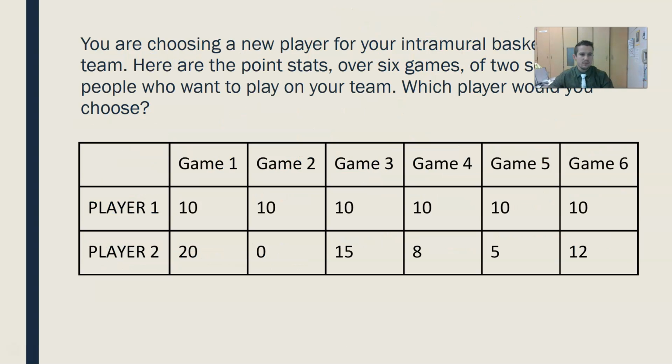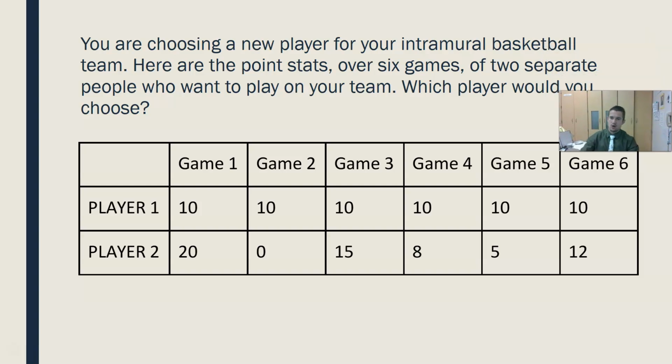So here's the scenario. You are choosing a new player for your intramural basketball team. Here are the point stats over 6 games of 2 separate people you want to play on your team. Which player would you choose? Say player number 2 is Mr. Burrell. That is I. And player number 1, say that's Mrs. Nilsson. You can see here, Mrs. Nilsson seems pretty consistent.